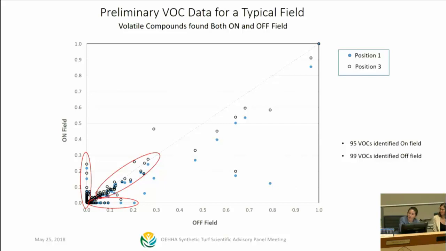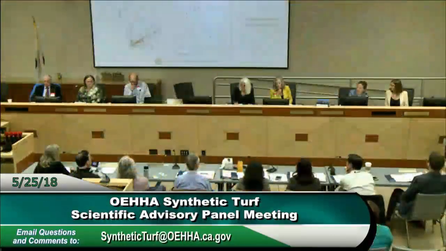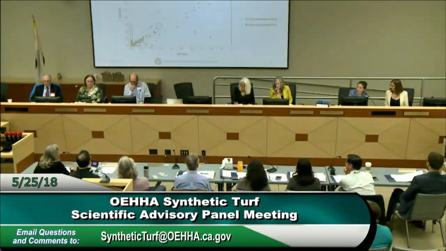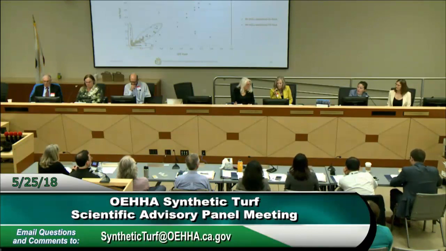Are these ones you've already identified, or ones where you only have a peak location? It's both. They're matching retention times, and they've been identified. And do you have some others where you just have the retention times, but you haven't identified them? Those do exist. They are not on this plot. Those in general are very low peaks with poor signal to noise, so they're going to be hard to get a NIST match with strong confidence.